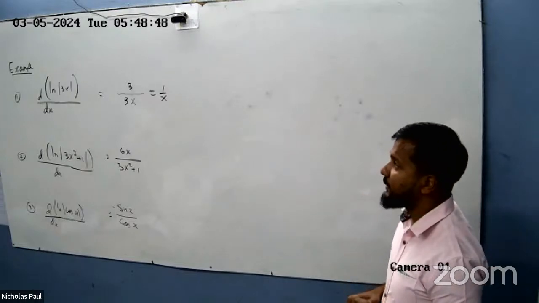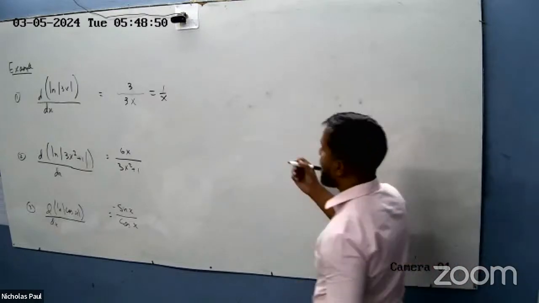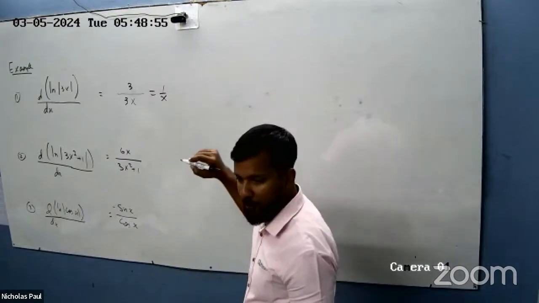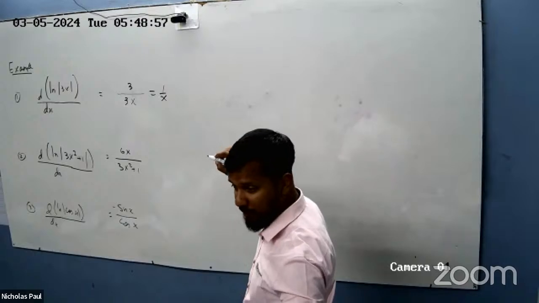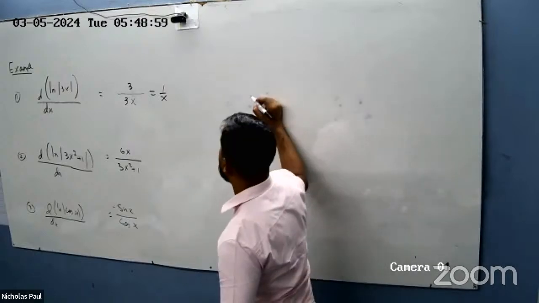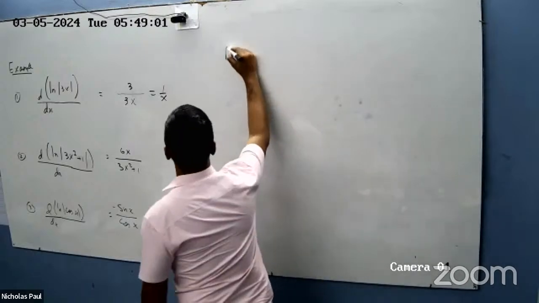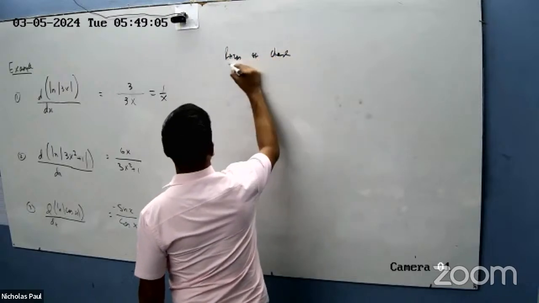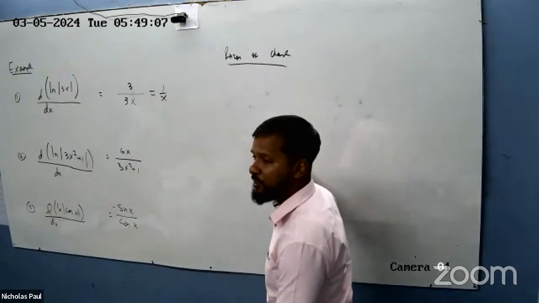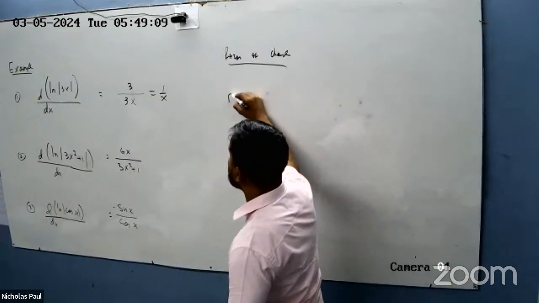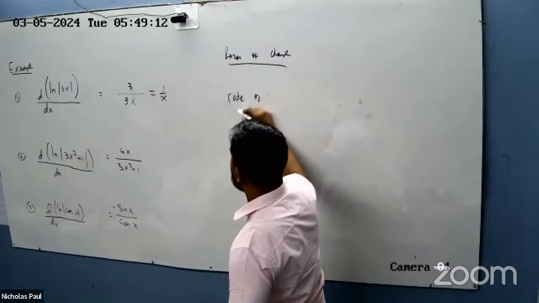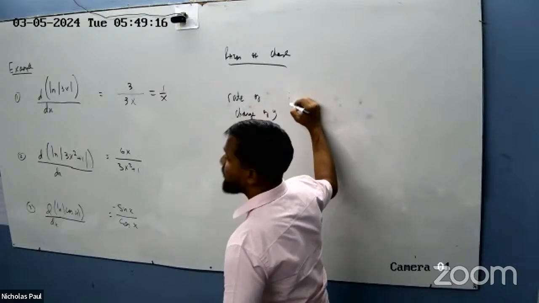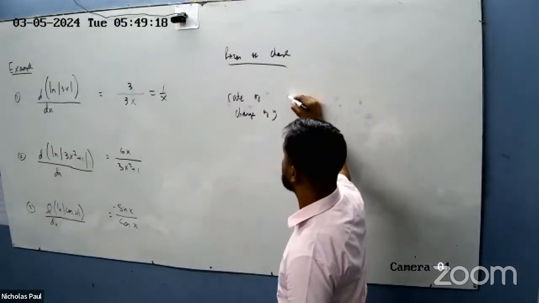All right, last thing we want to look at is rates of change. Just a quick reminder: when they say rate of change of y, what are you talking about?